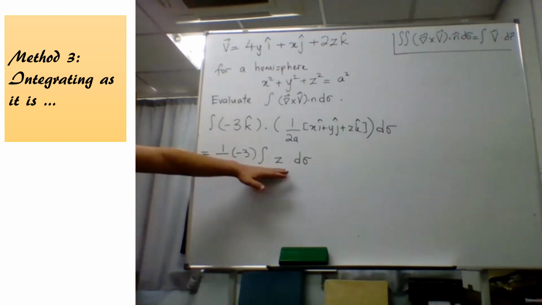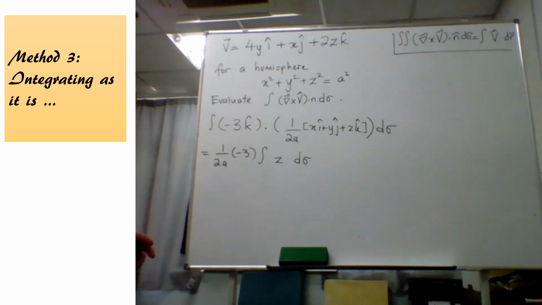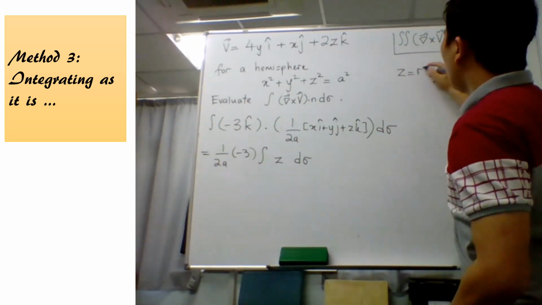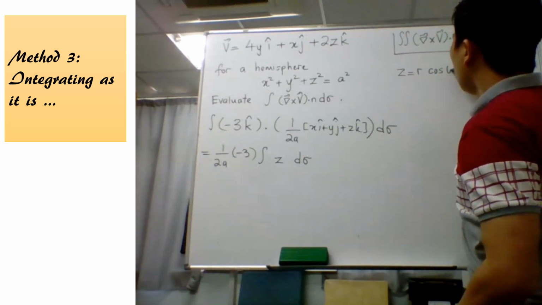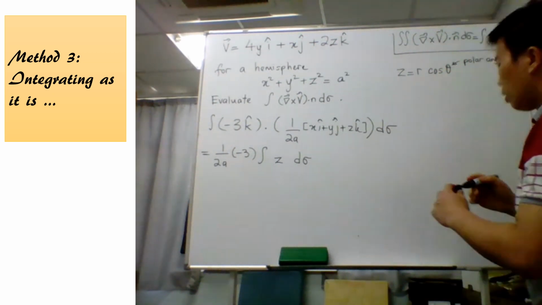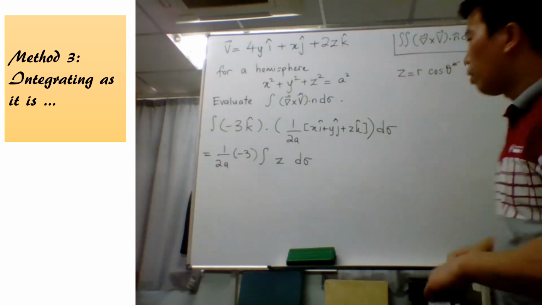So now you want to evaluate this term. Here you have to use spherical coordinates, so that z is now equal to r cos theta, where theta is the polar angle. Then you have to find what this sigma is.